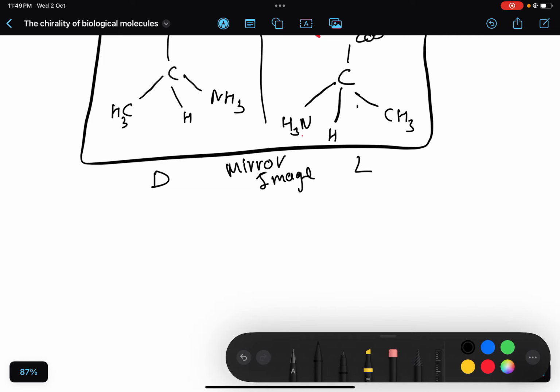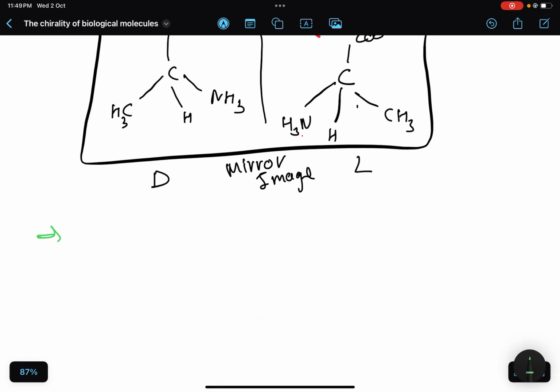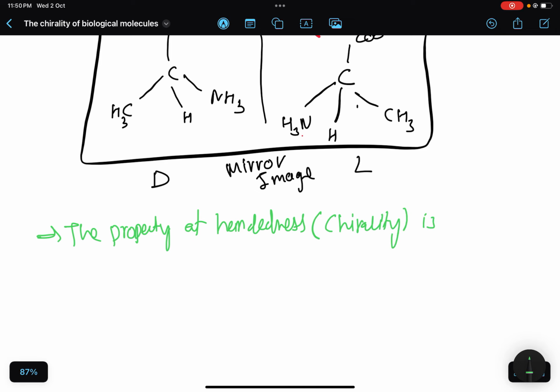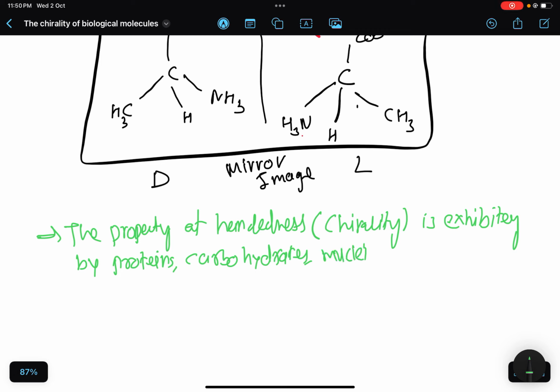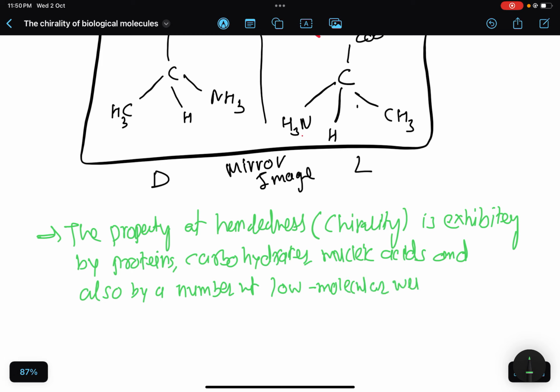The property of handedness, chirality, is exhibited by proteins, carbohydrates, nucleic acids, and also by a number of low molecular weight compounds in a cell.